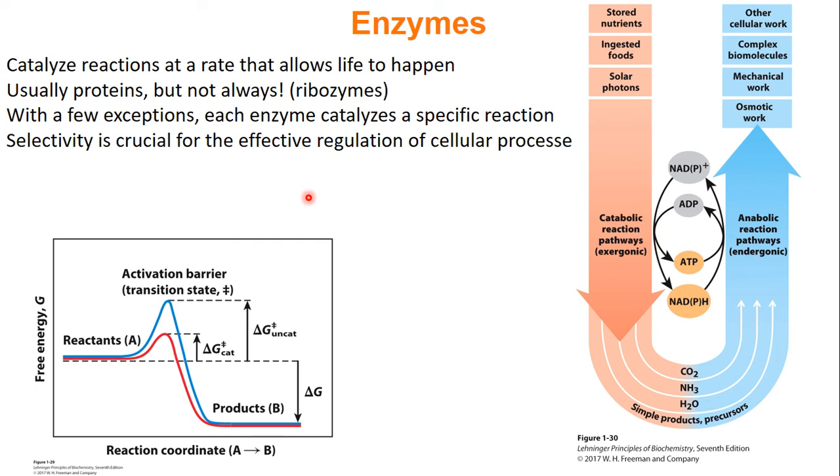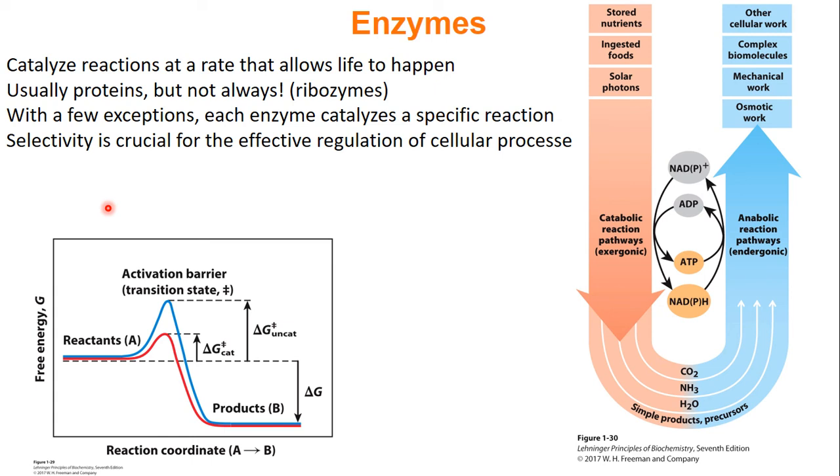And inside a cell or a living organism, we call those catalysts enzymes. They're biomolecule catalysts. And they speed up these reactions. Now, they're usually proteins, but not always. A good example are ribozymes. And generally, each catalyst or each enzyme only catalyzes one reaction.